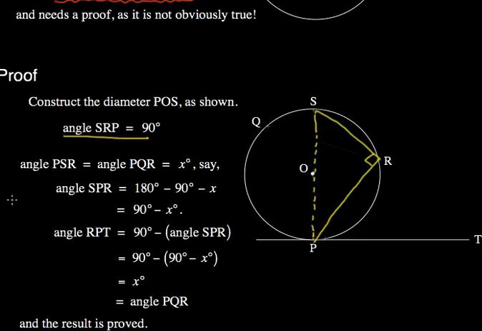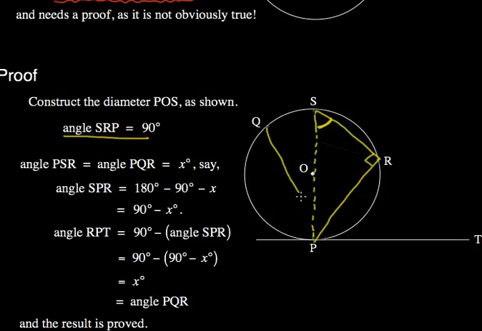Well, what now? The angle PSR, this one at the top here, is equal to angle PQR. So PQR is here. Now why are they equal? Because they both subtend from the chord PR.